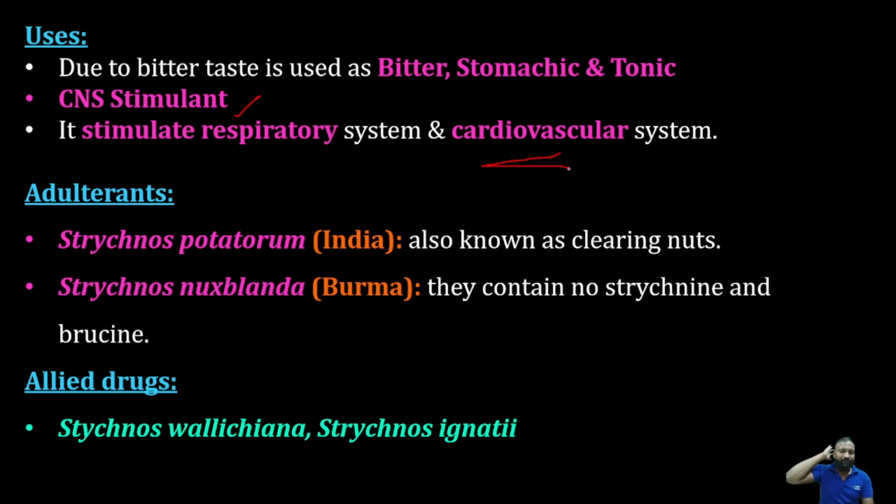If you activate your brain, then the brain activates all other channels which are interconnected inside our body. If the brain function is very high, you get an adrenaline rush, thereby your heart rate is increased, and the respiration and all these processes are enhanced. So obviously it stimulates the respiratory system and cardiovascular system.